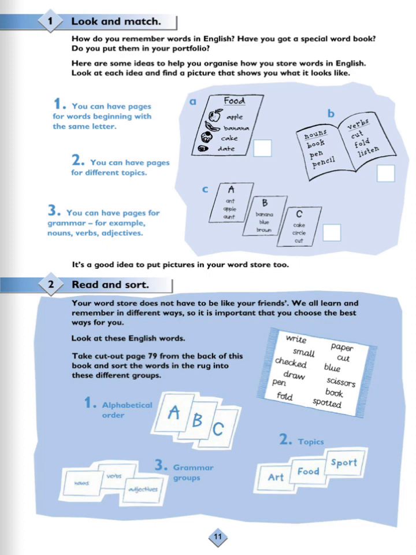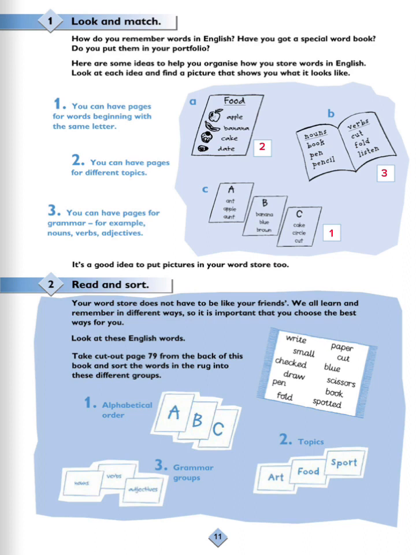Number 1 matches C. You can have pages for words beginning with the same letter. Number 2 matches A. You can have pages for different topics. Number 3 matches B. You can have pages for grammar, for example, nouns, verbs, adjectives. In addition, it's a good idea to put pictures in your word store too.